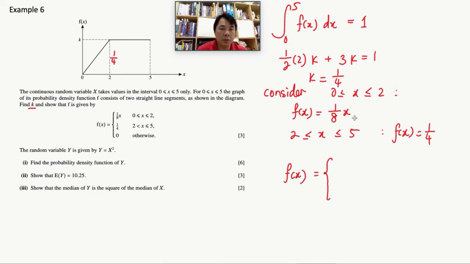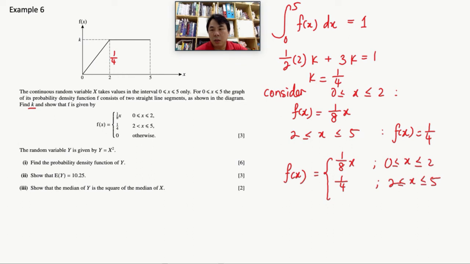So there are two typical domains we have to describe here. The first one is this, which is 1/8 x for the domain lying between here, and the other one is a quarter for the domain lying between 2 and 5 here. Now you'll notice that writing less than or equal to 2 here, there's a conflicting domain.